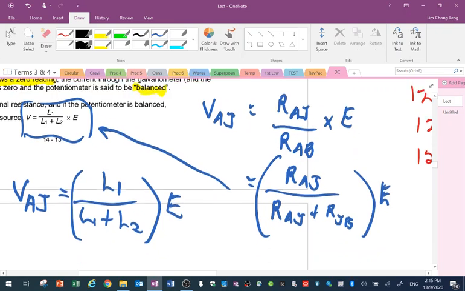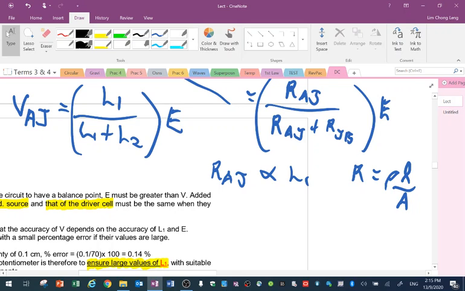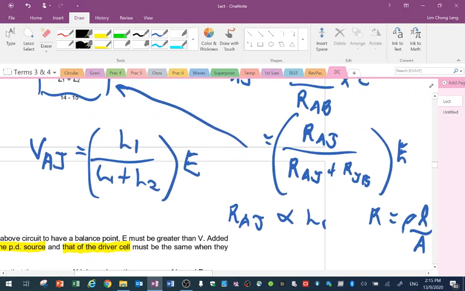And why is it that I can replace RAJ with L1? That's because they are proportional, based on this formula. Resistance is equal to rho L over A, right? So if resistance is equal to rho L over A, then resistance is proportional to L, right?